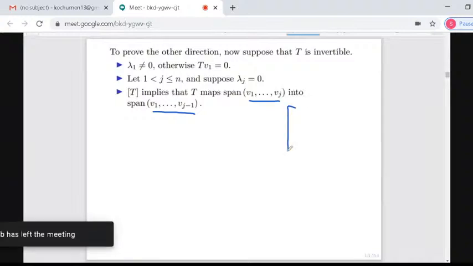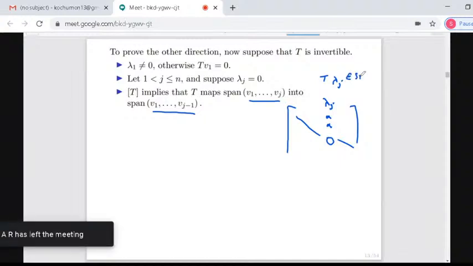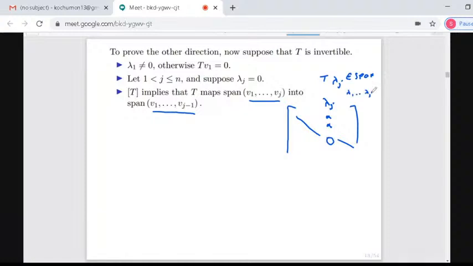In the matrix of T, in the jth column, there is something above, and the diagonal part is 0. This is the lambda j equal to 0. That means T of Vj is an element of the span of V1, etc., up to Vj minus 1.